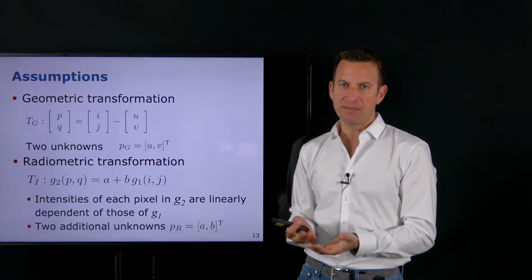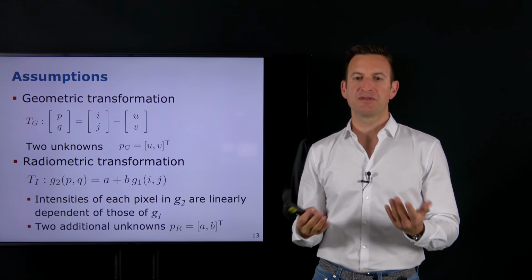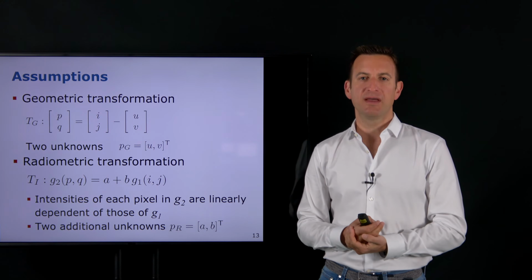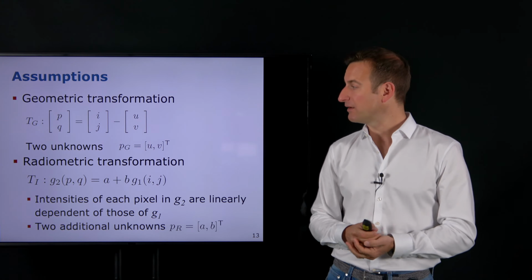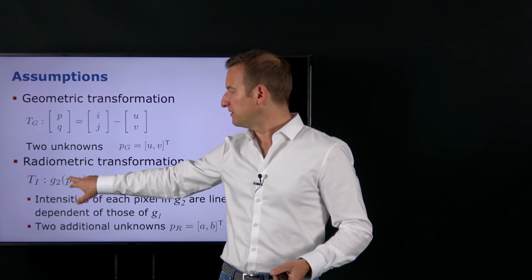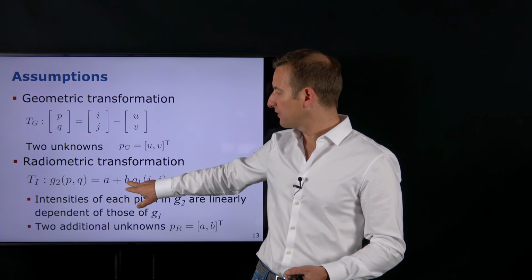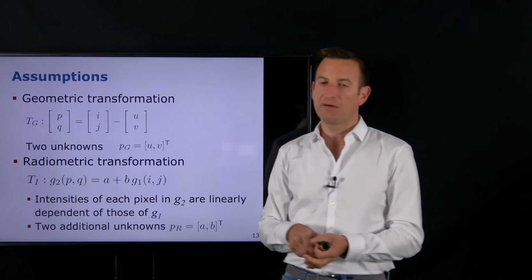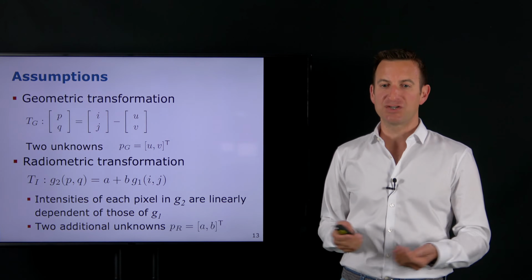There's also a radiometric transformation we want to take into account. This is a transformation that accounts for the difference in brightness and in contrast. That's what we want to be invariant under. So we say the grayscale value in the template must be a constant offset plus a scale factor times the intensity value in my large image.